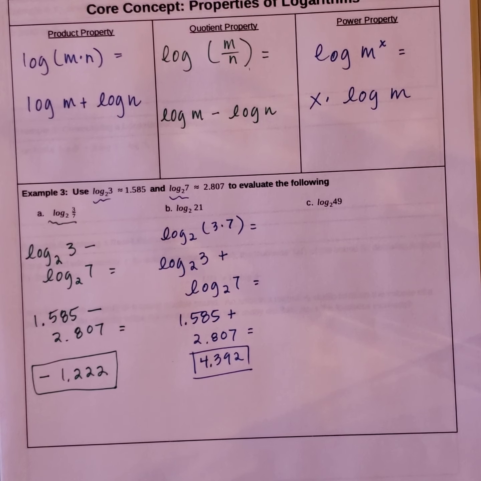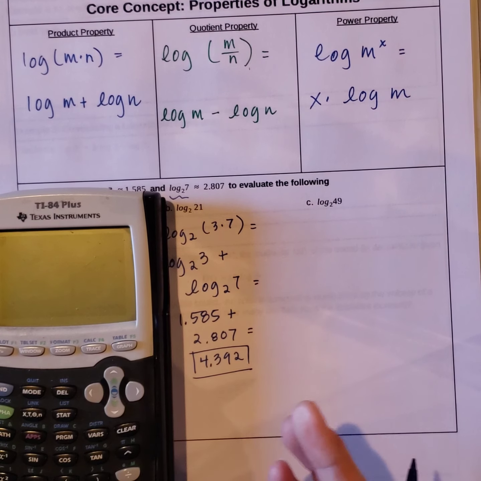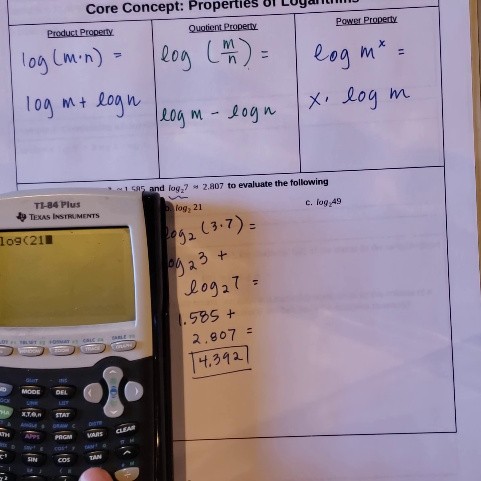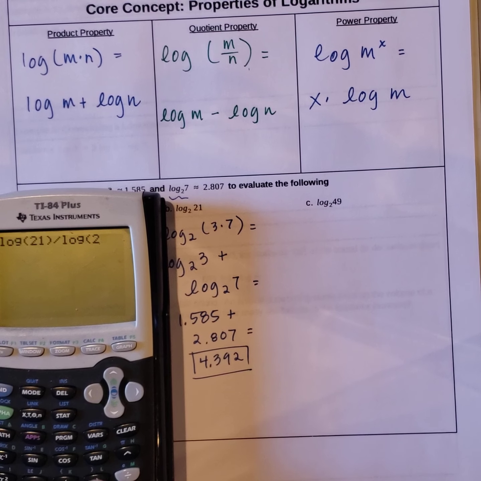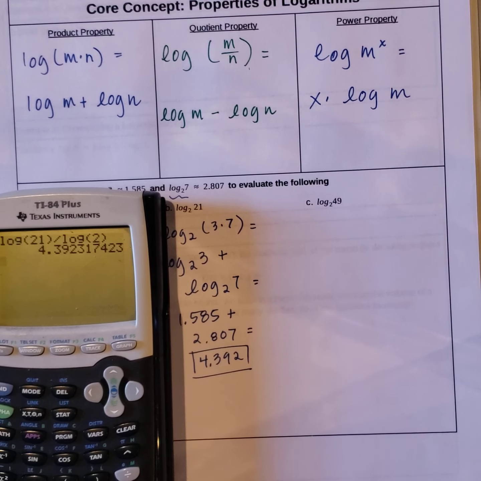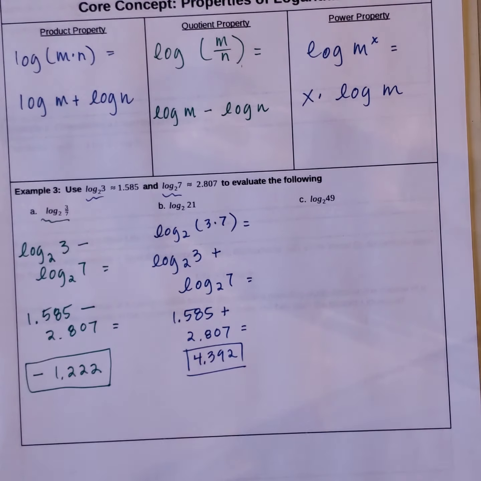And we could double check that against what we learned from the previous example. If we took the log of 21 and divided it by the log of 2, it should be equal to 4.392. It is. So a couple different ways to come up with the same answer.